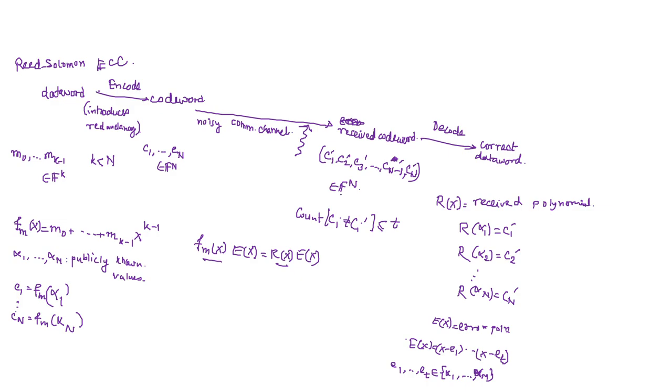Because the corresponding Ci value is unaffected and Ex is anyway the same for the same value of x, so this condition is satisfied. And if for some I, Ci is not equal to Ci dash, in that case E of alpha I is actually 0 because of the way this polynomial is defined. So in that case both sides will give us 0. So basically this condition is satisfied for all the values I equal to 1 to n, right?